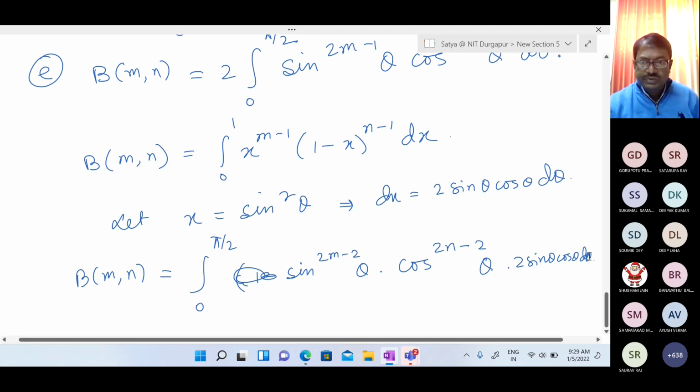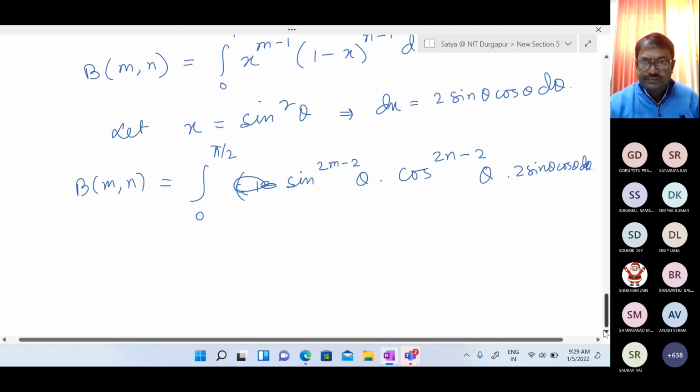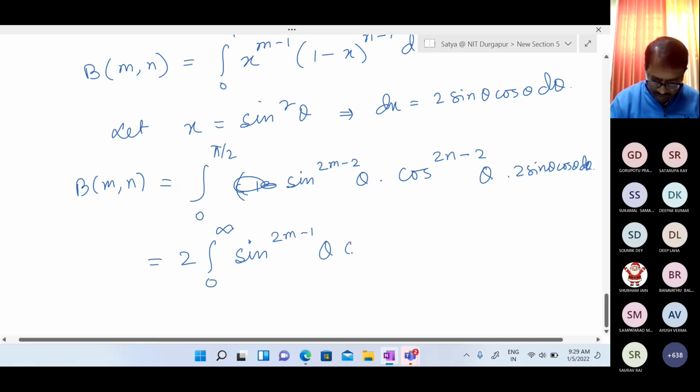Fine. Now these two we are taking outside as a constant, 2 times the integration over 0 to pi by 2, and we simplify. The power is 1 more, so we get sine 2m minus 1 theta cos 2n minus 1 theta d theta. Is it fine?